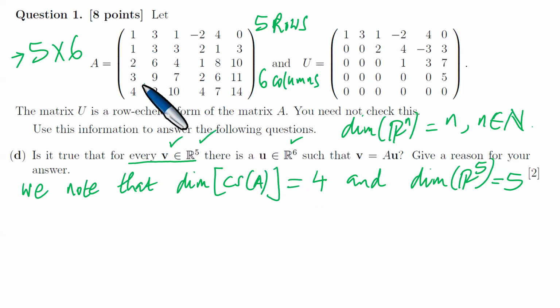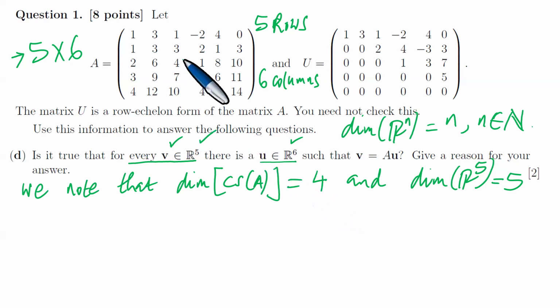R6 is the vector space from which we take the columns, because we have 6 columns here. And the dimension of the column space, we saw, is 4. So as much as U itself comes from R6, the dimension of the column space is 4.